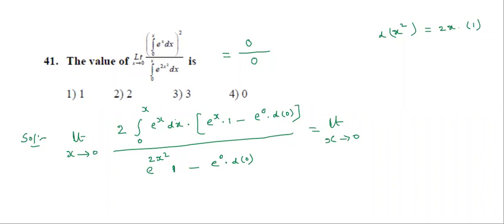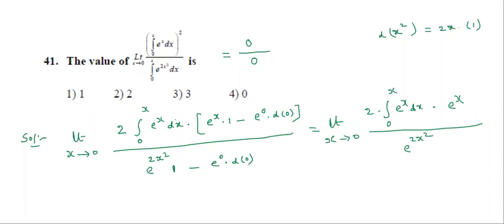Now observe the numerator. What happened? See, 2 into integration 0 to x e power x dx, into e power x, divided by denominator e power 2x square.